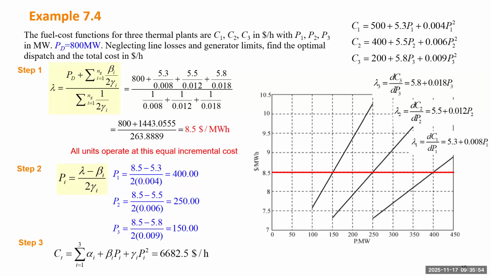But what are their differences? For the cheaper unit, because it's cheaper, the intersection point indicates a higher output. So this unit can generate 400 megawatts of power. The second unit can generate 250, and the most expensive one only generates 150. So that's fair.